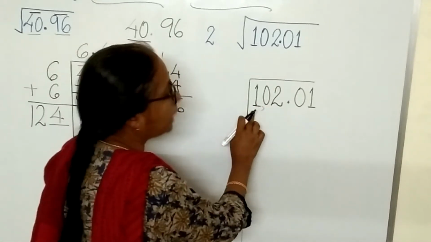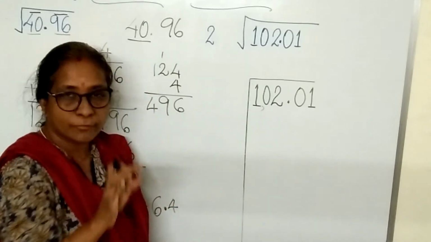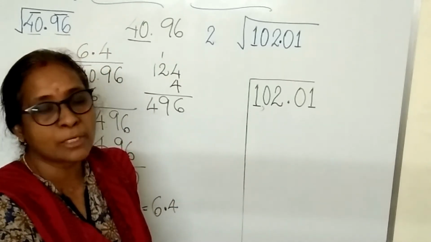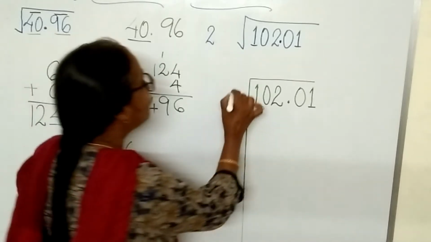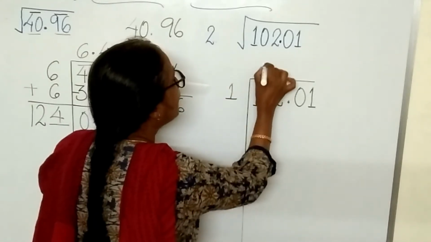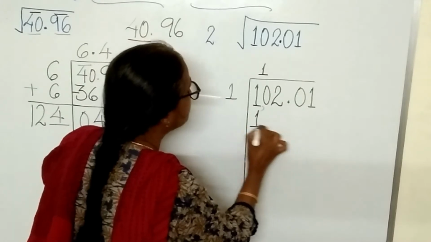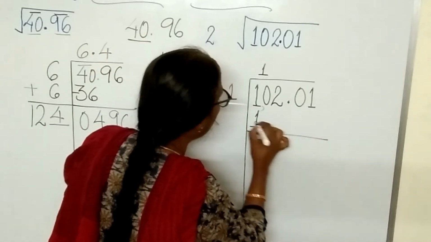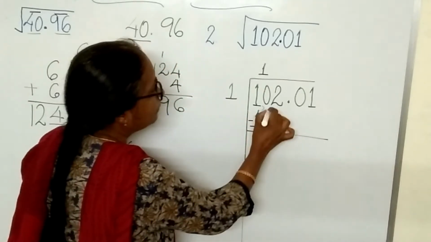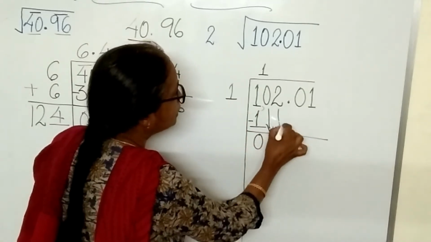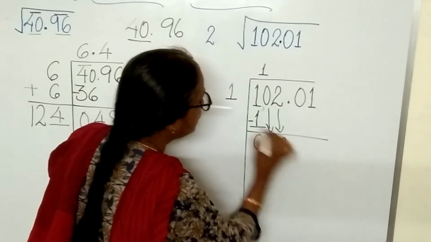Okay. Now think, before 1, or 1, is it a square number or not? Is 1 a square number? Yes. So 1 1 is 1. When we subtract, we get 0 and then bring these two numbers down. So you get 2 here.